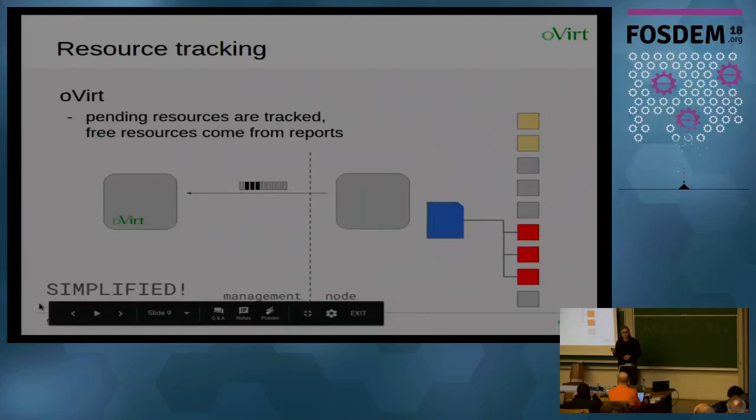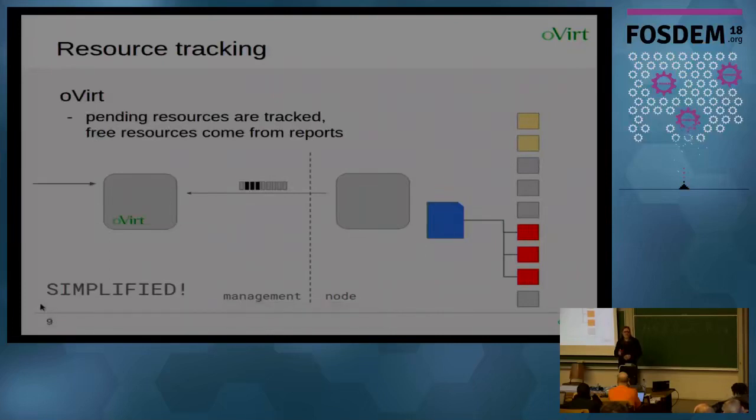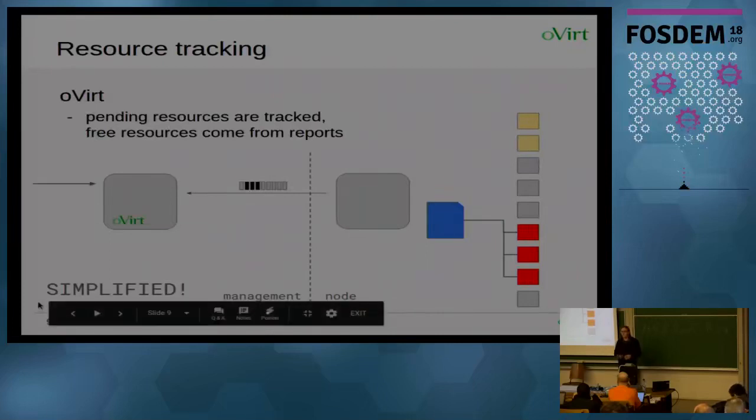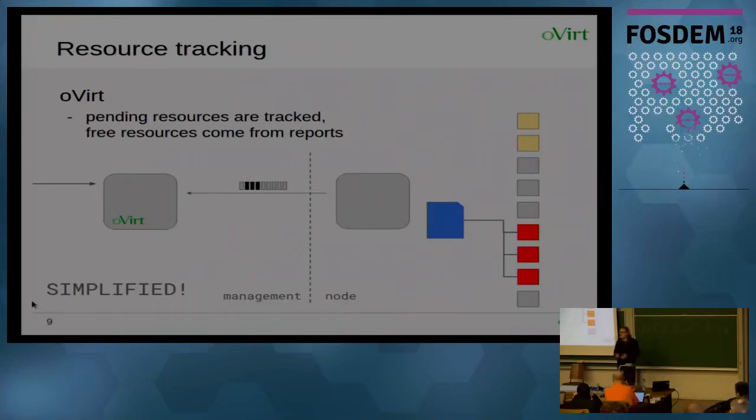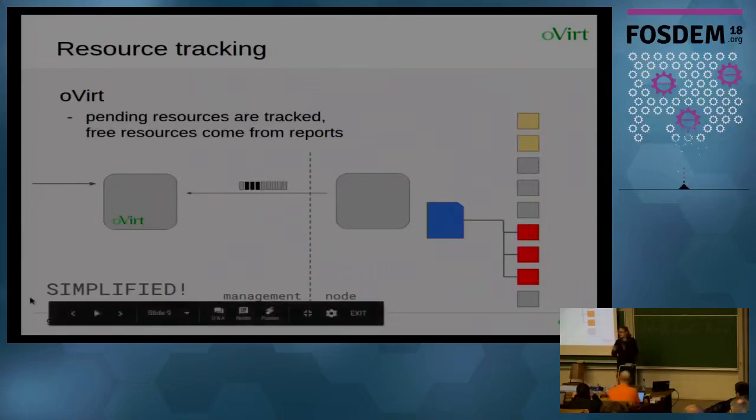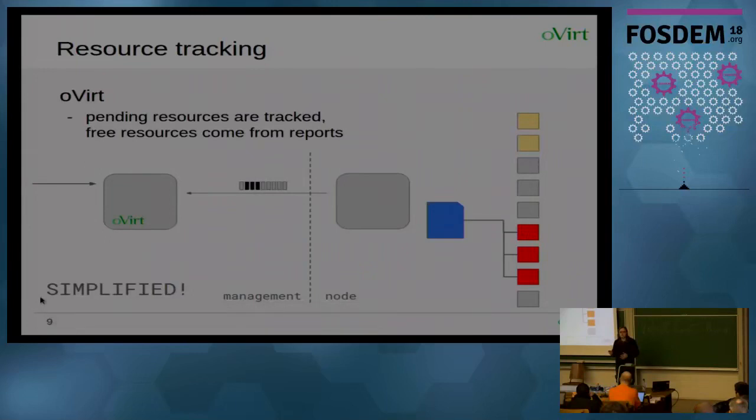And we have a request. That's the arrow that just appeared on the left side. We have a request that just came in, and it's asking, please start this VM. So what the oVirt scheduler does, it basically computes everything, because it gets the resource allocations from the agent, and it computes internally where the VM is supposed to go, and it remembers, if another VM comes in, please remember that there is a VM that's supposed to start.